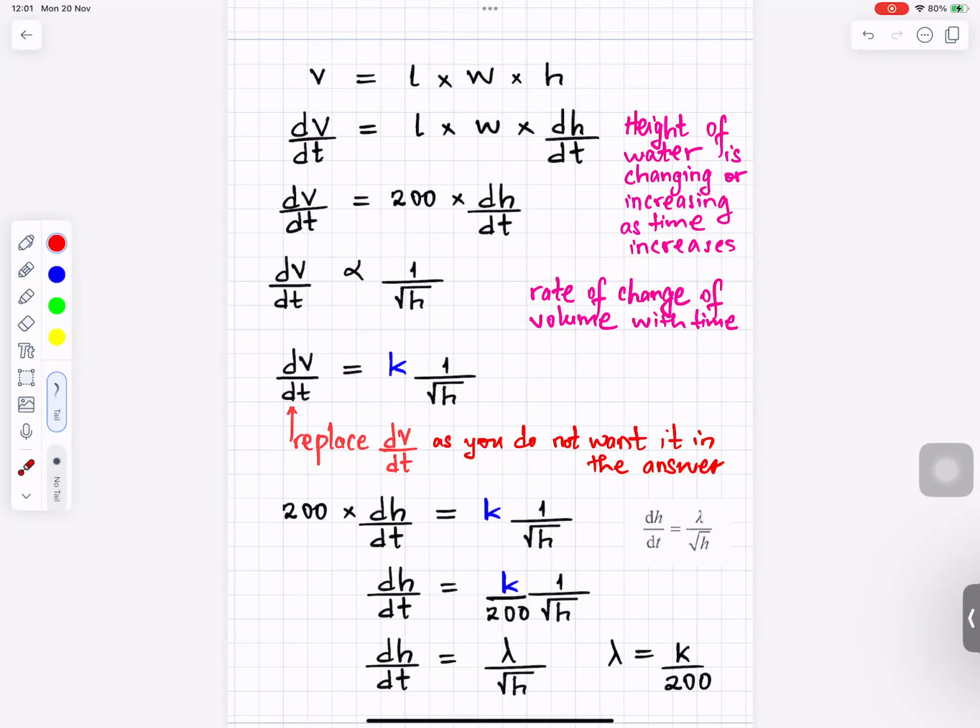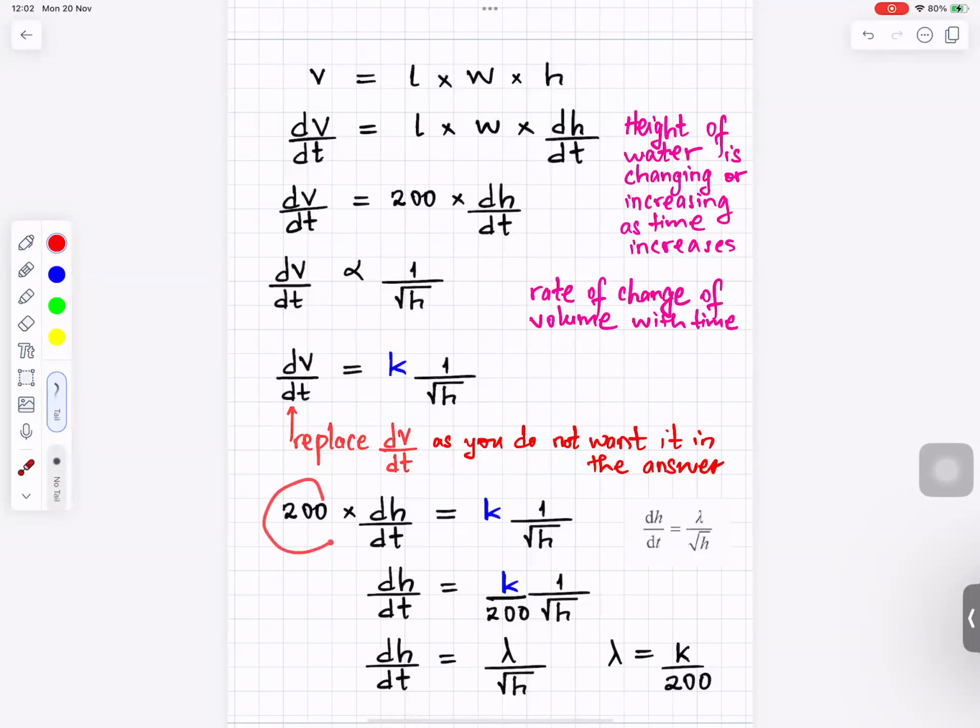Now we want to replace dV over dt, as we do not want it in the answer. So what do we replace it with? We replace it with 200 times dH over dt, because dV over dt is the same. So now dV over dt is gone. We rearrange it. We want it to look like this: dH over dt.